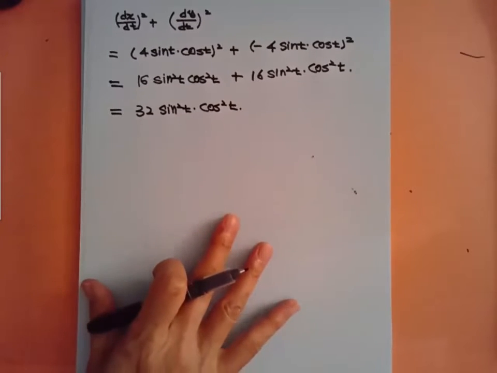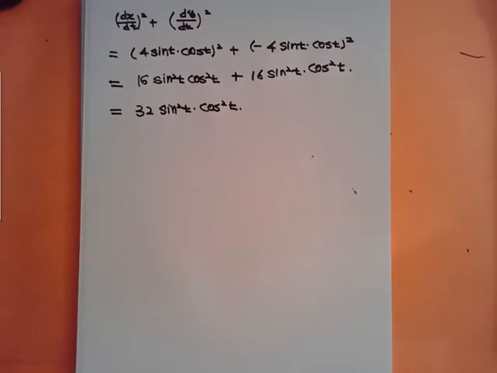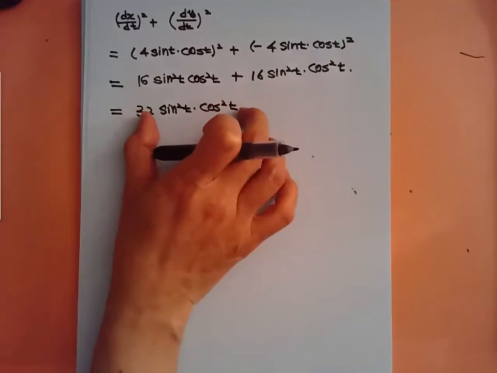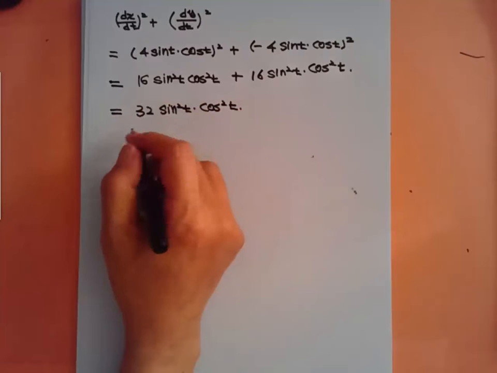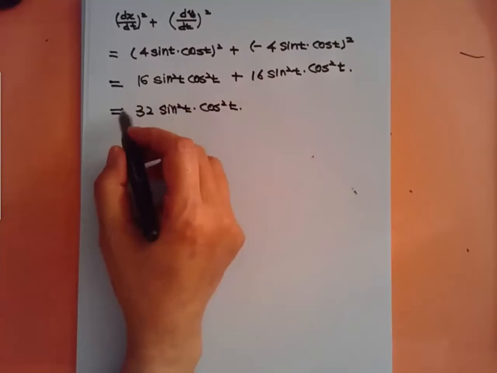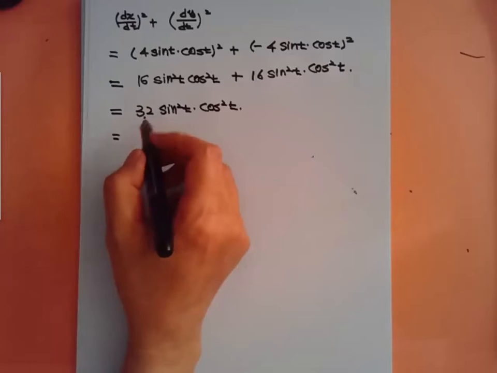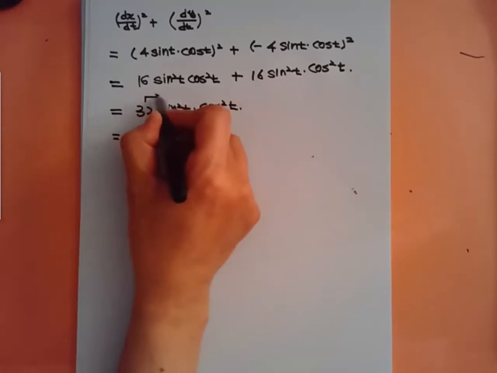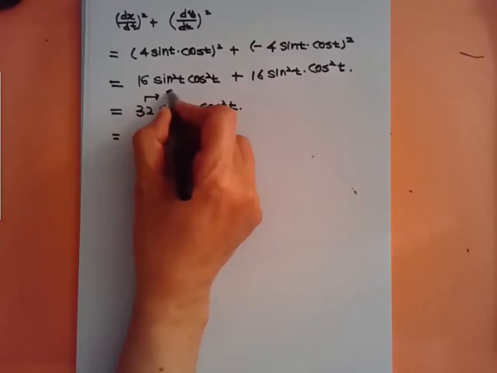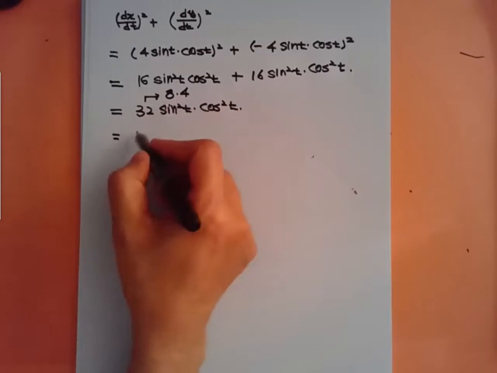And then what we will try to do is simplify this part. Then we will write 32 as 8 times 4.